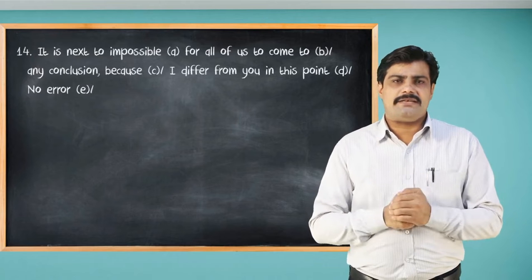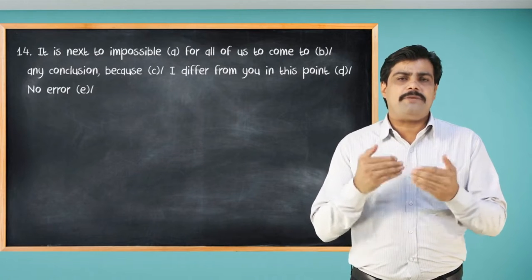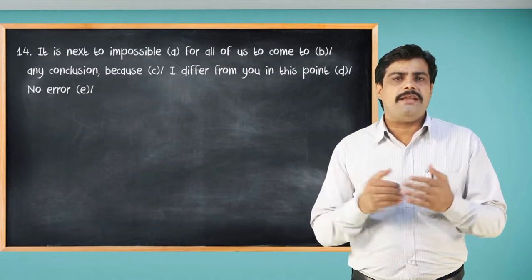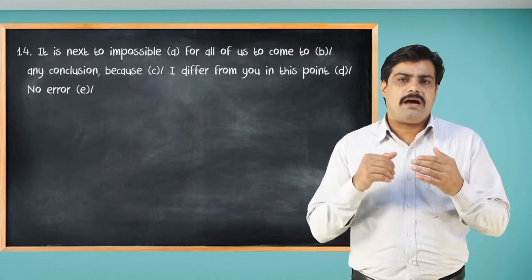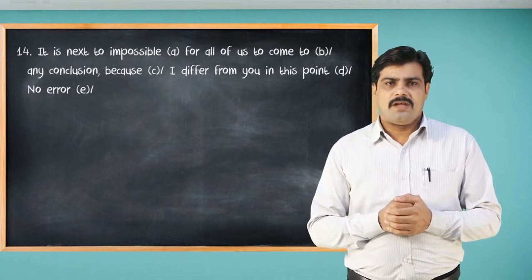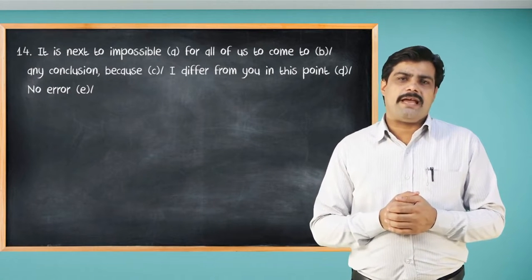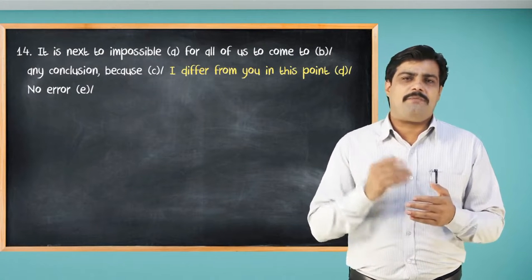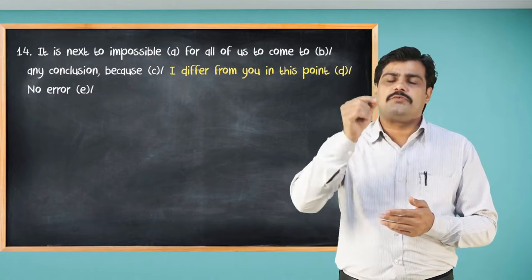Let's take another sentence. It is next to impossible for all of us to come to any conclusion because I differ from you in this point. Here also there is an error in part D. Erase the preposition from and use with.